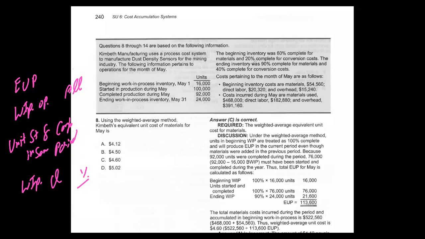Next paragraph, we have the information about the percentage of completion. Beginning inventory was 60% completed for materials and 20% completed for the conversion cost. The ending inventory was 90% complete for materials and 40% complete for conversion cost.